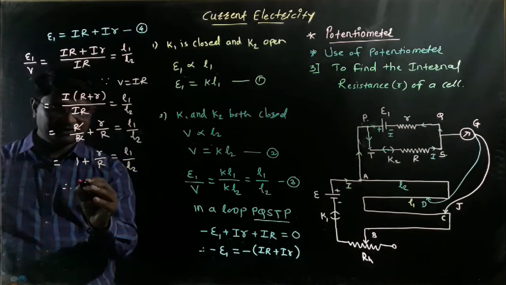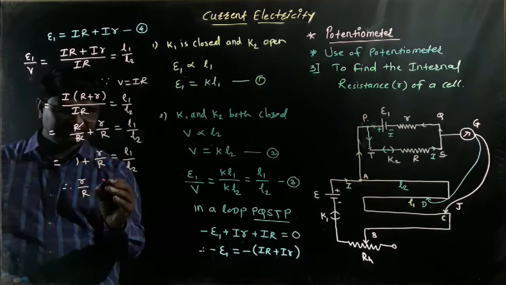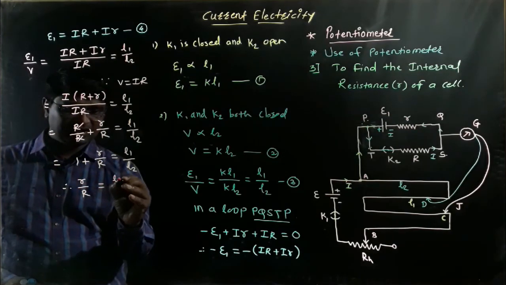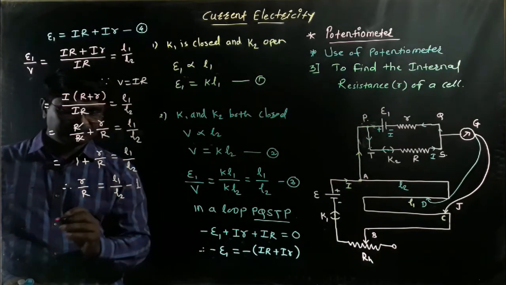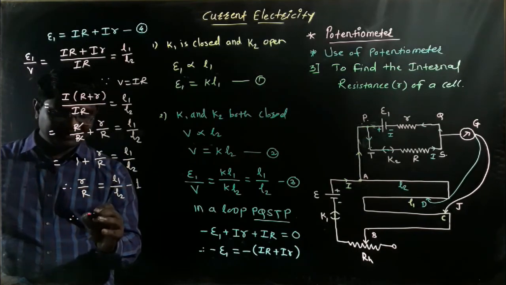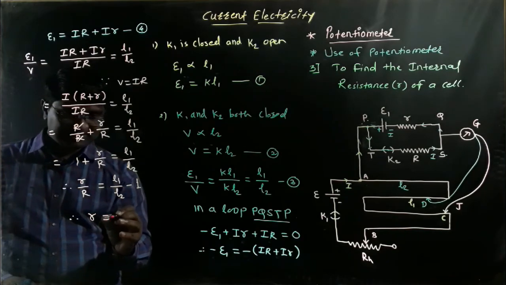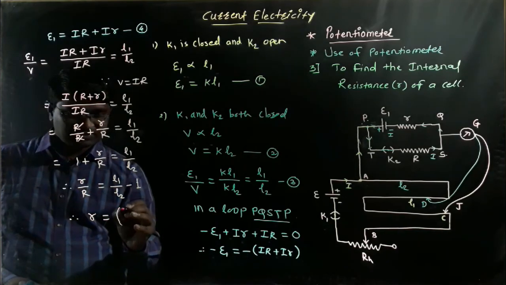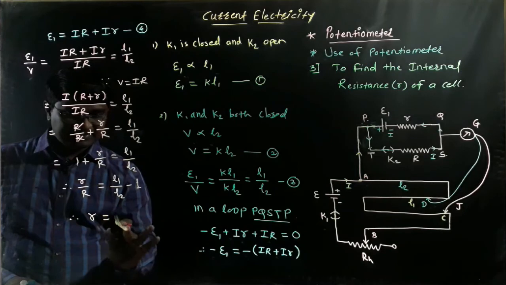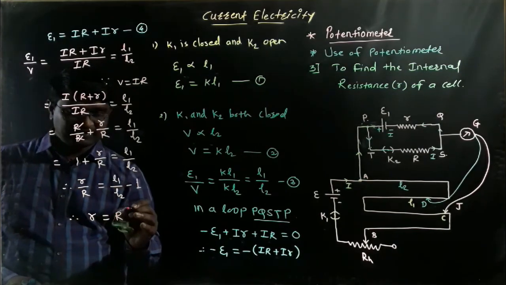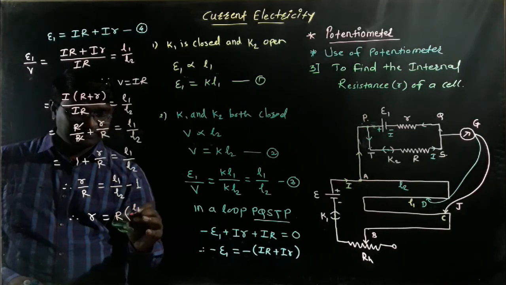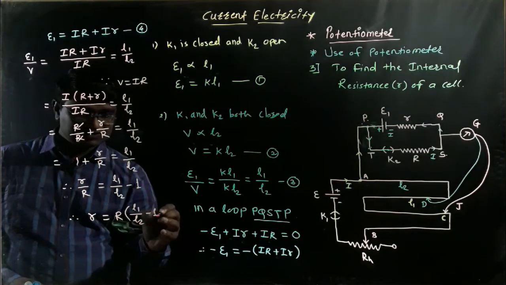So we find small r divided by capital R is equal to L1 upon L2 minus 1. And definitely we find small r: small r is equal to capital R into (L1 upon L2 minus 1).